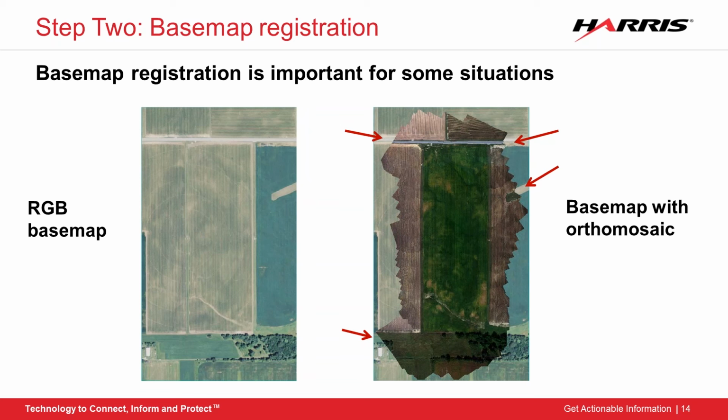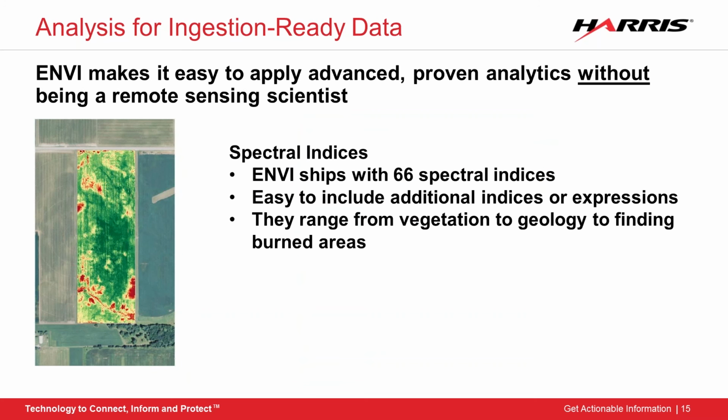Once you have applied atmospheric correction, the next step in some scenarios is basemap registration. Depending on what you want to do, registering to a basemap or registering images to one another can be really important, and it's actually necessary depending on the analysis you want to perform. For example, say you want to do change detection.